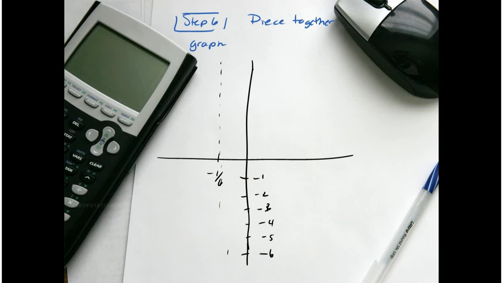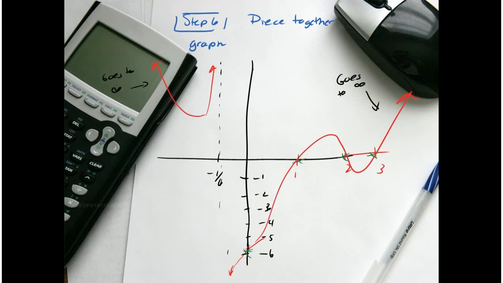So here's how we piece together the graph. Here's what they wanted you to do. I have an asymptote right at -1.6, so I'm going to make a little vertical line right at -1.6. From my information from the first table, I know that it's going up before and going down after. I also know that it has a y-intercept at -6, so I can put in that piece there.